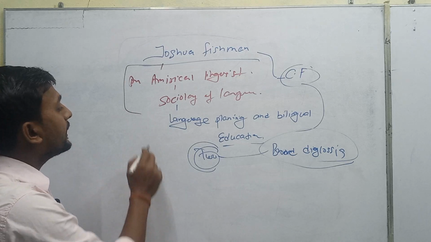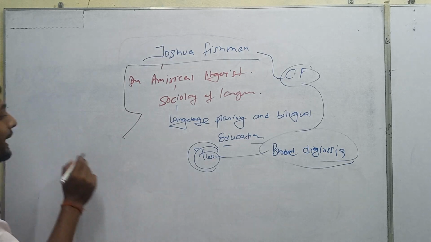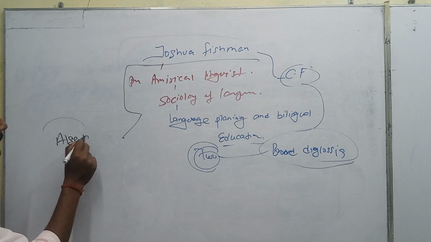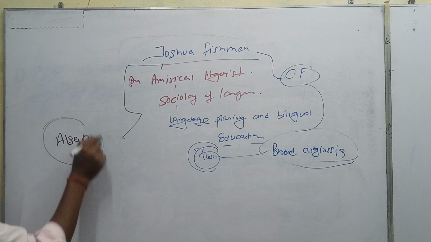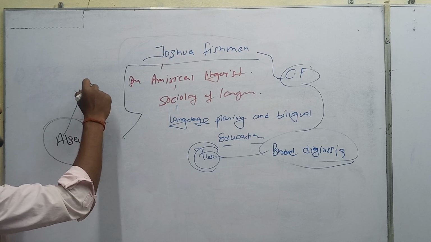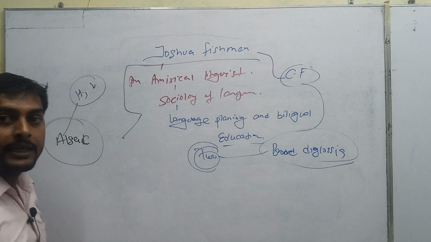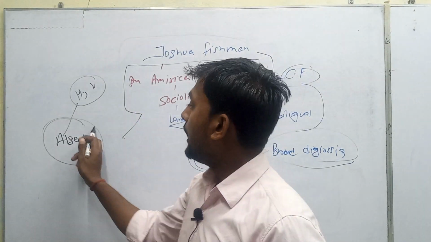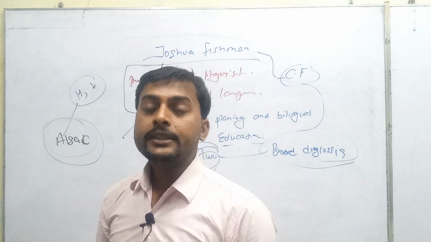Joshua Fishman took the example of the Alsok language, which is used as both high prestige and low prestige. What is Alsok?